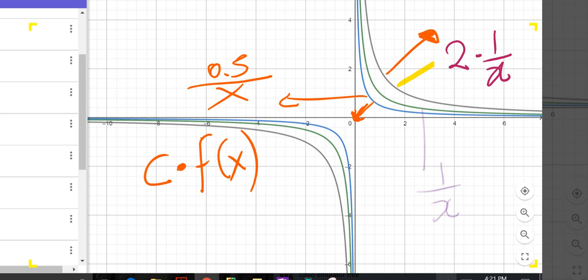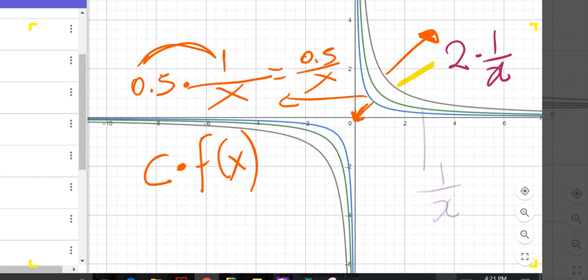I'm multiplying this by 0.5, so it becomes 0.5 over x. Remember, we multiply only the top. And that was 2 times 1 over x and becomes 2 over x.